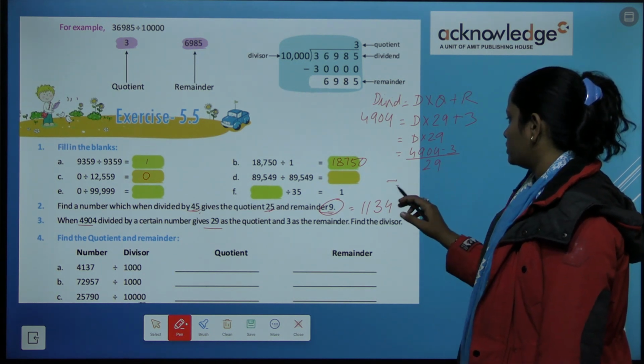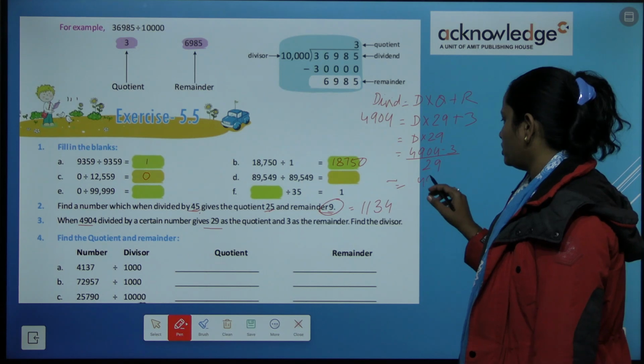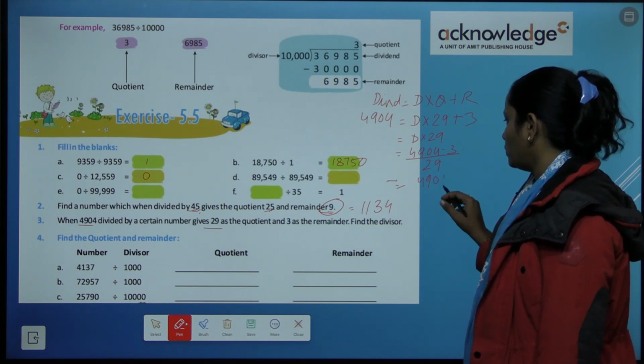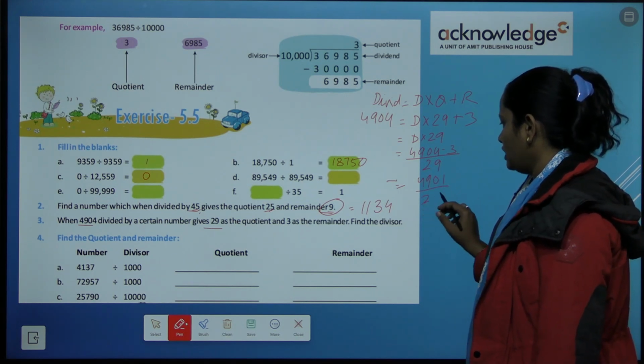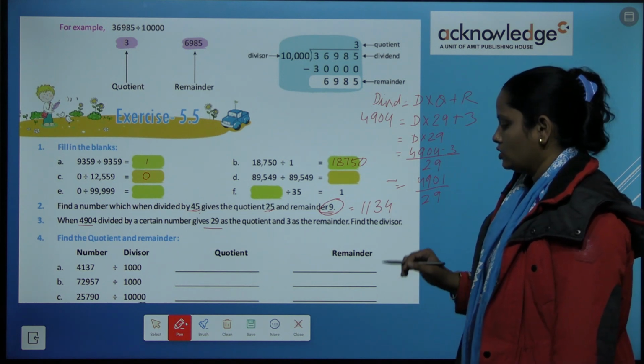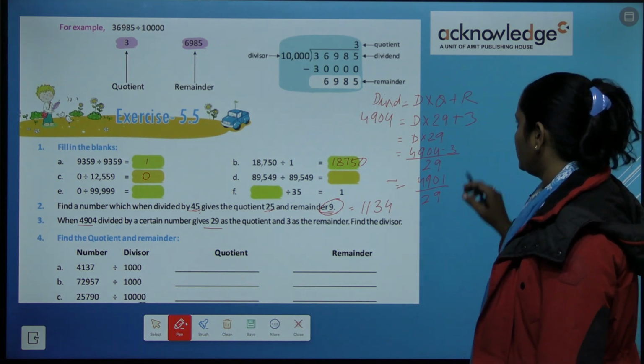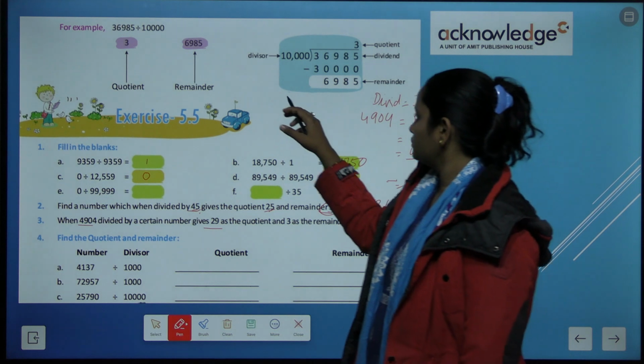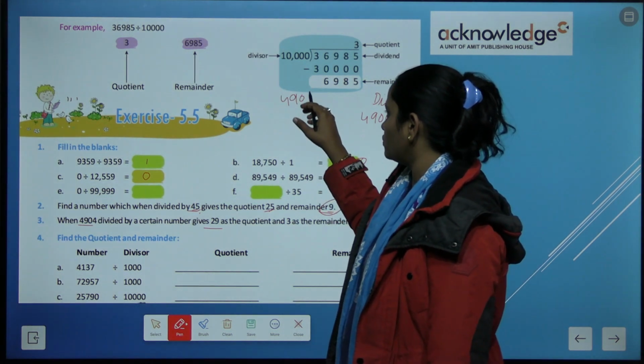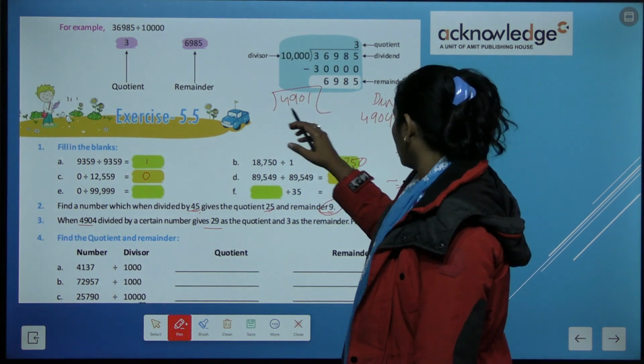So we are going to get 4901 divided by 29.